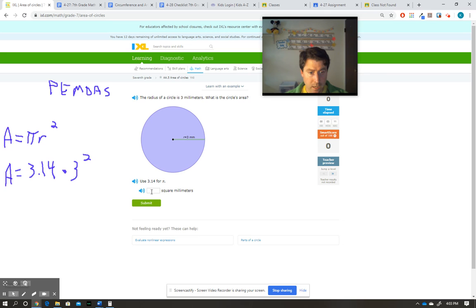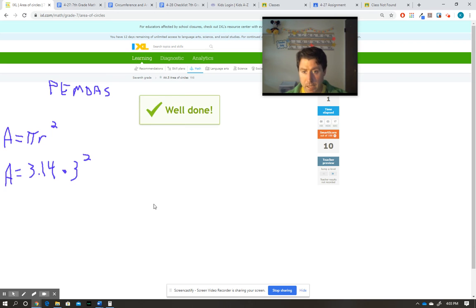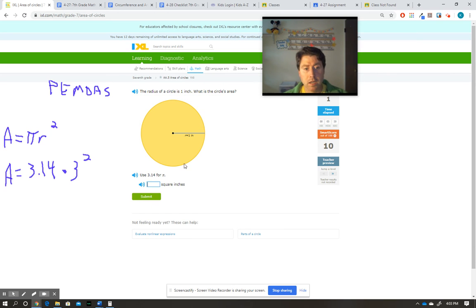Okay, and Khan Academy went over this, and I'm also going over it. So we're getting hit with it in different directions here. Now here's another one. This one's actually even easier. This is 1, so now my radius is 1. So I'm going to do 1 squared, which is 1 times 1. That's 1, and 1 times pi is 3.14.